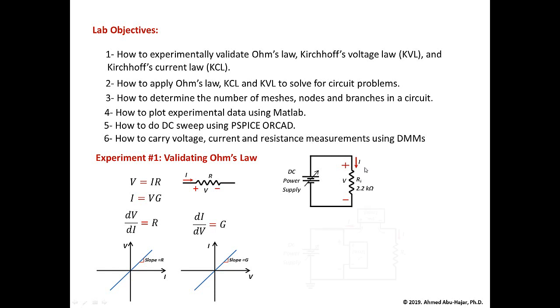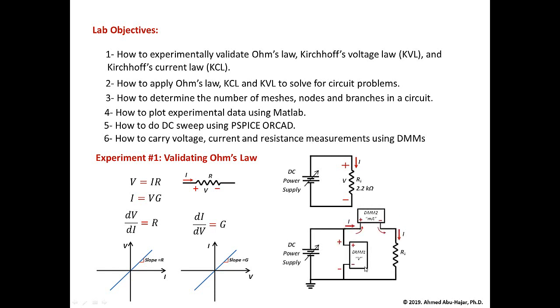So what you're going to do in this experiment is build a circuit, then hook the DMM that measures the voltage across the resistor, which is the same as across the power supply. Because when we measure voltages, we measure voltages across.